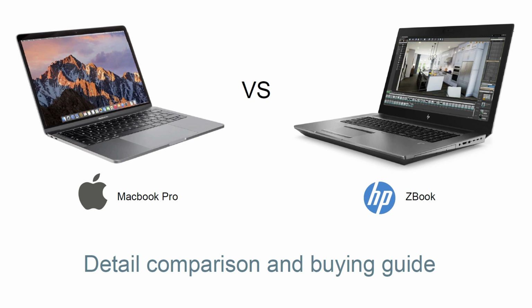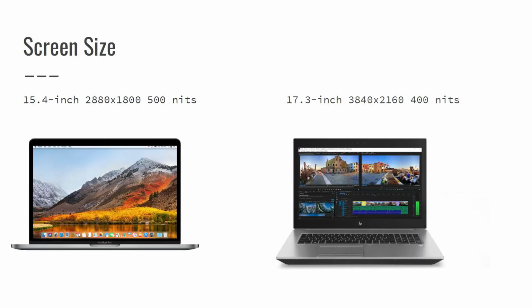Here you can see that MacBook Pro is a slim design, and I personally like the MacBook Pro design. But if we are talking about power and performance, HP Zbook is unbeatable. This is one of the best laptops available in the market right now. So what are the things inside this laptop? Let's just see. First we will continue with the hardware comparison.